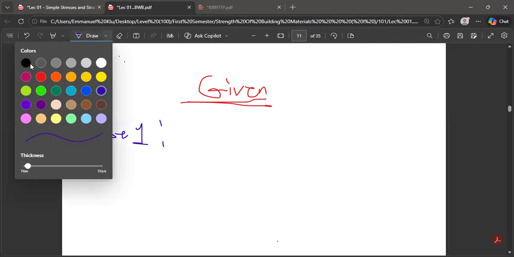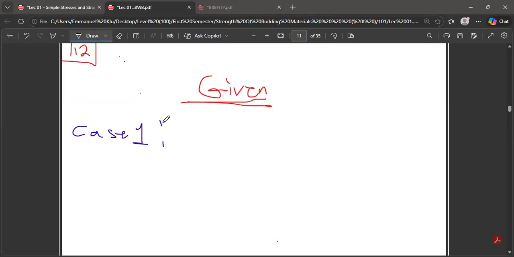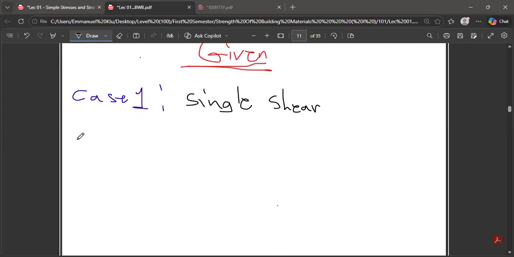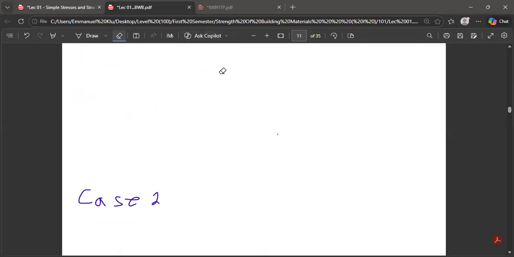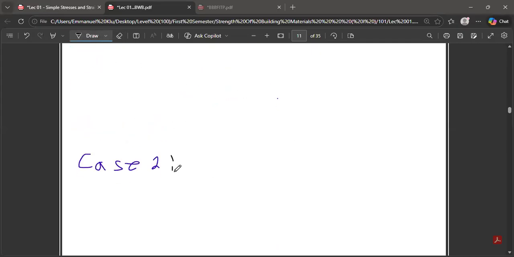This is a single shear. So the shear force acting over there. If this is a single shear, what do you think case 2 is going to be? Double shear.